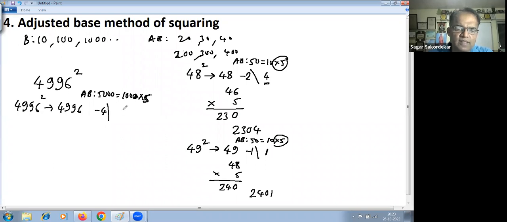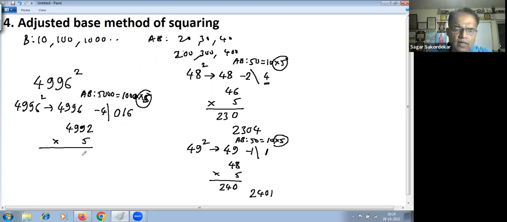Minus 4 squared is 16. The main base here is 1000, which has 3 zeros, so 3 digits are required on the right: 016. So 4996 minus 4 is 4992. Then apply this into 5.